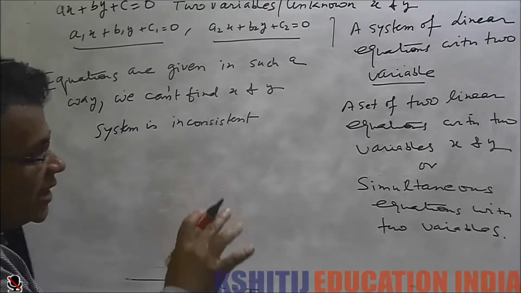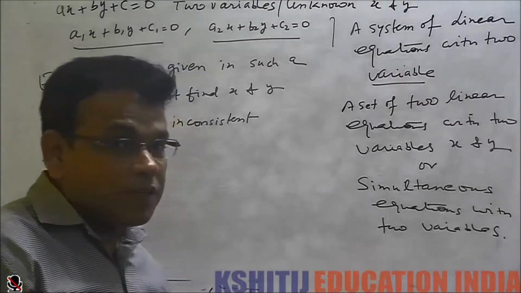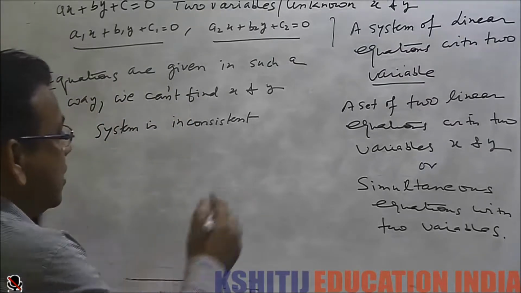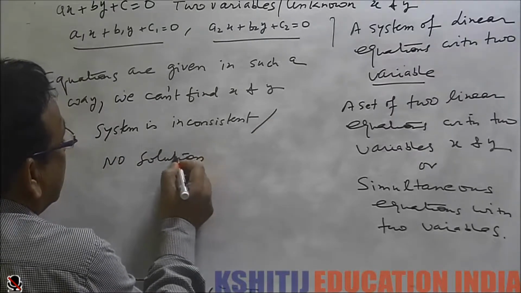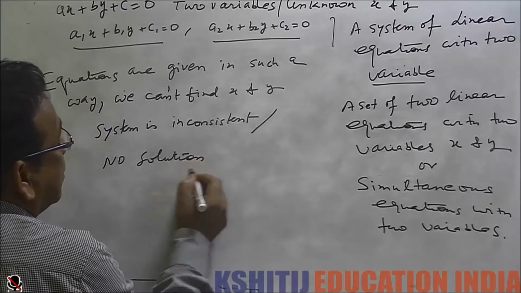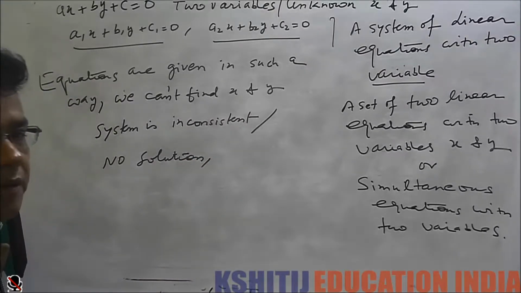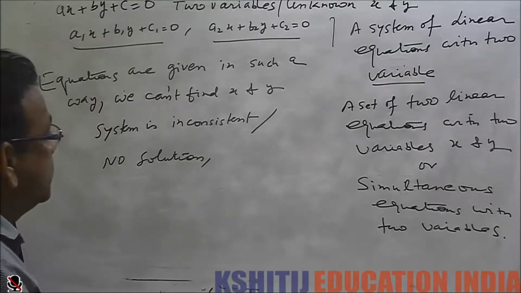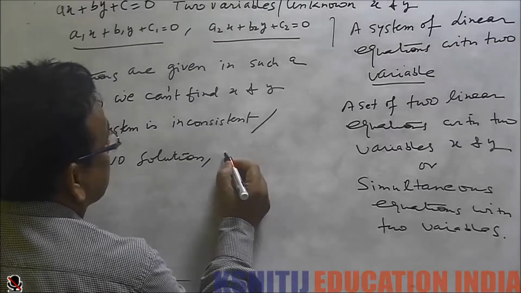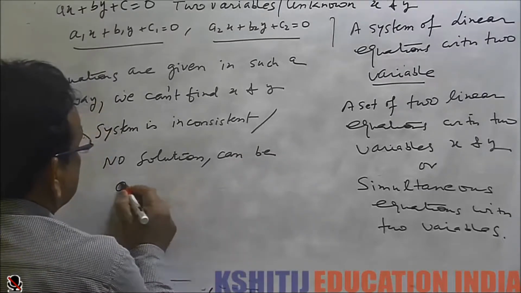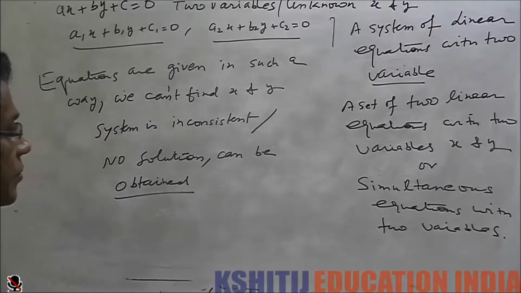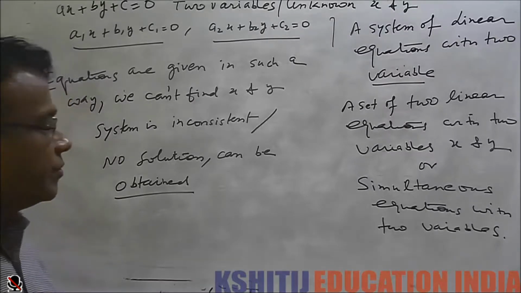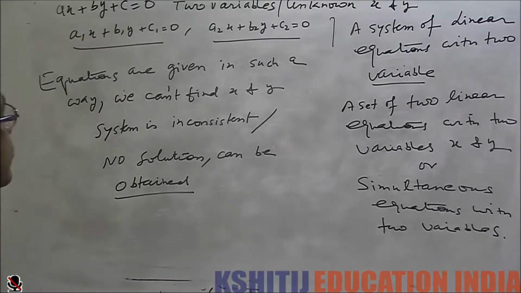The whole system, that means the set of two equations, is inconsistent. No solution. Solutions can't be arrived at, can't be obtained. No solution can be obtained. This is one condition. Okay.